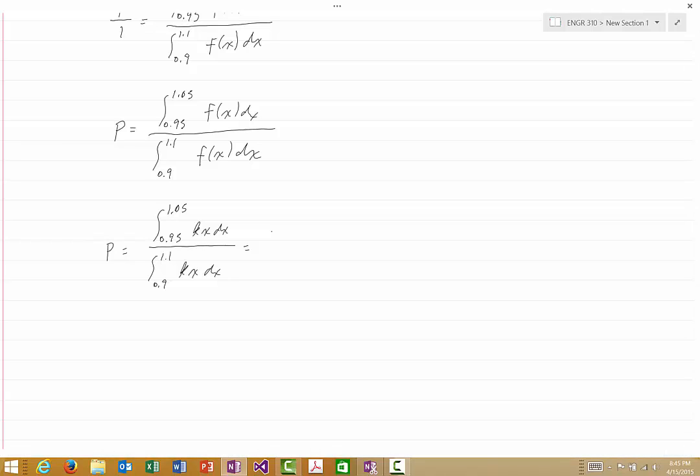We have a k in the top and in the bottom, so it will cancel. And so we're just left with the integral from 0.95 to 1.05 of x dx over the integral from 0.9 to 1.1 of x dx. Now there's no longer any k in this problem, and therefore you can proceed.